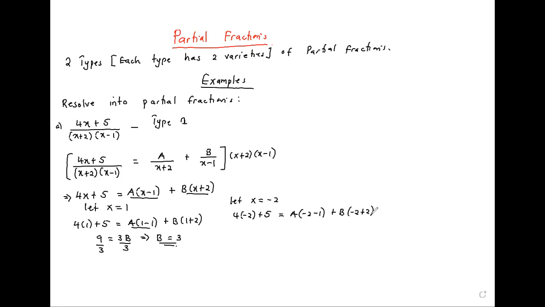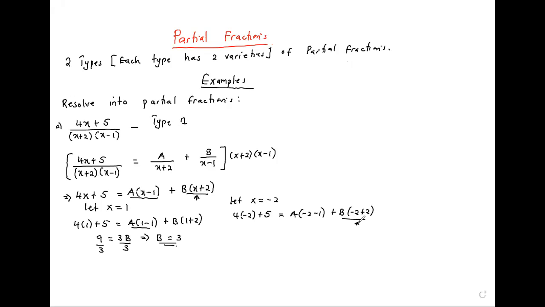If you know that this guy is going to be 0, it's not even important to substitute here. So if you know that when you take x to be -2 in this equation, the b part is going to be 0, you may choose not to write it even here.